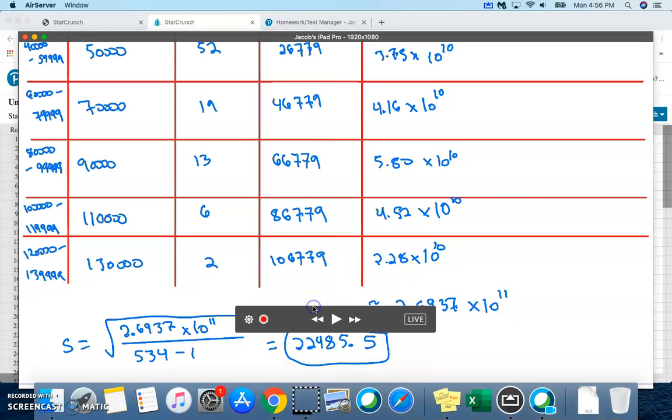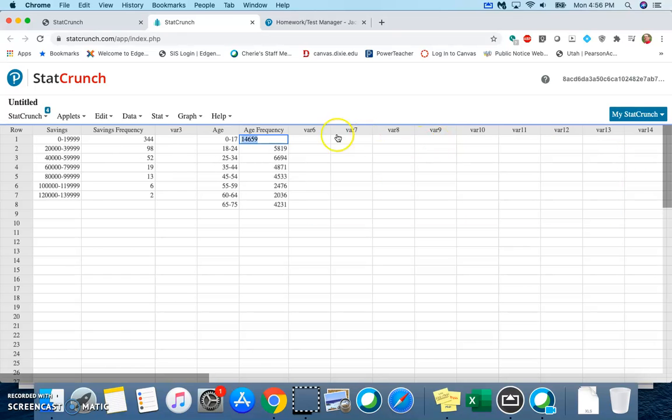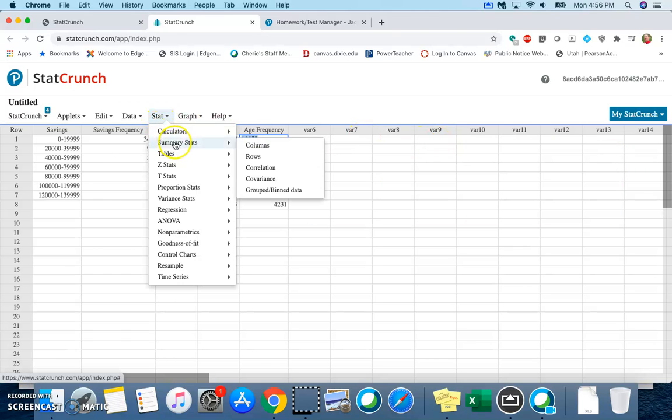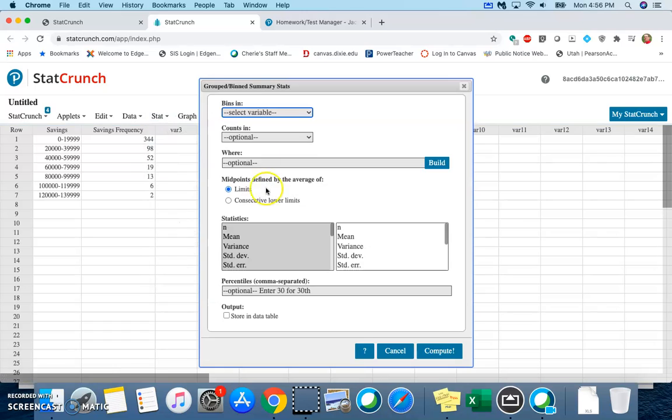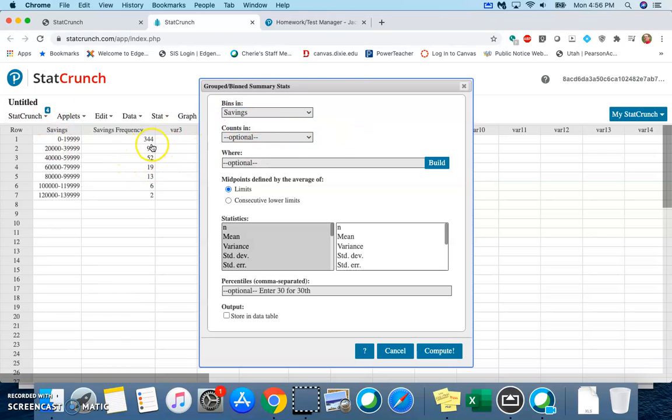So again, with StatCrunch, not nearly as difficult. I've got all of my data right here. So what you do, again, you go to Stat, Summary Stats, Grouped. Then our bins are, in this case, in the savings column. That's our groups. And then the counts are the frequency, and those are in the savings frequency column.